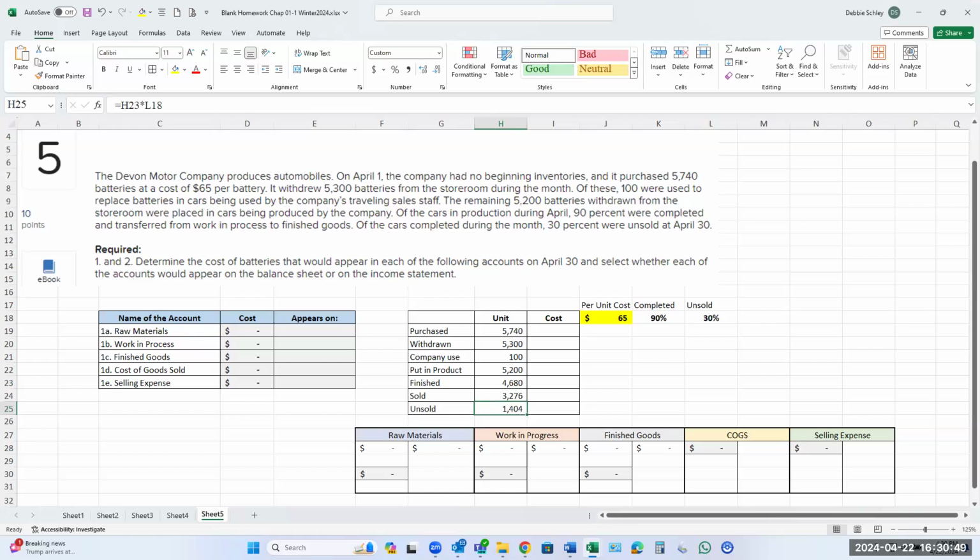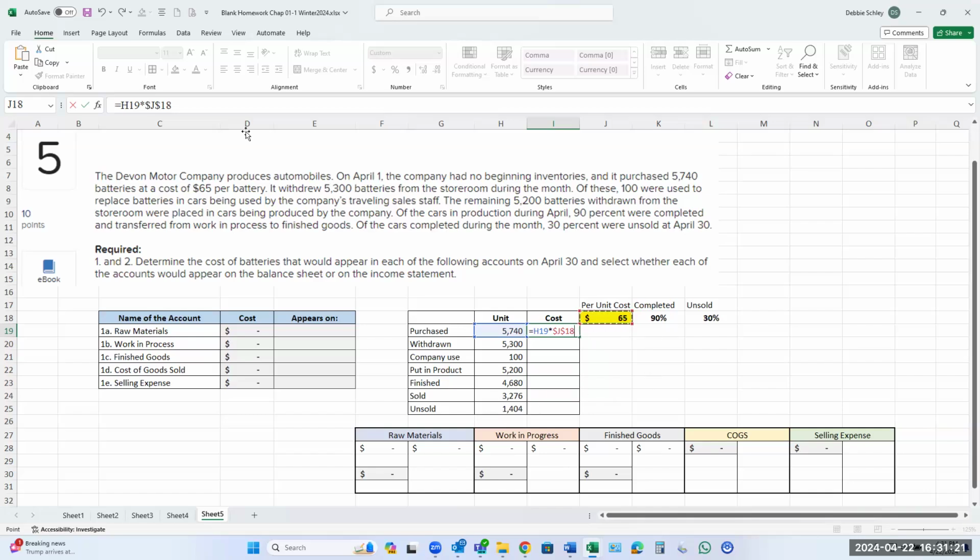Okay, so again, these are just units. Now I've got to assign a cost. So I'm going to reference the number of units purchased times the per unit cost, and I'm going to anchor this cell, because when I drag this formula down, I do not want this cell to move, but I want the blue cell to move down.